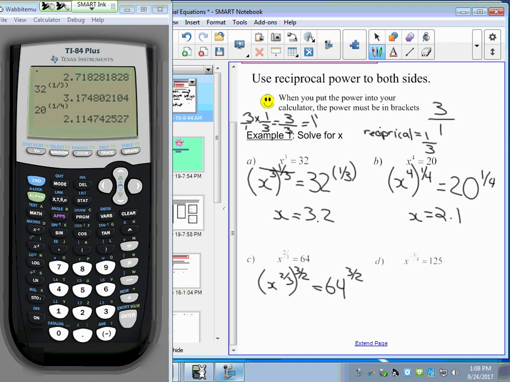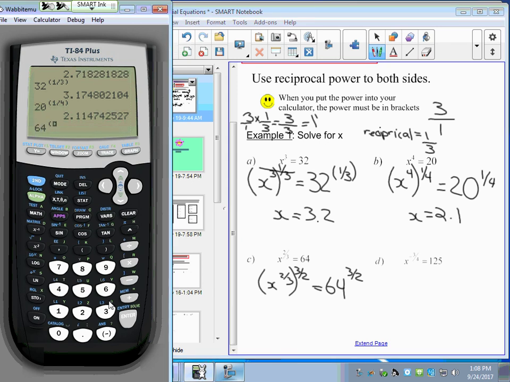So once again, the reason we can do that is because 2 over 3 times 3 over 2, try it on your calculator if you want to, is equal to 1. So let's raise 64 to the power of 3 over 2 equals 512.